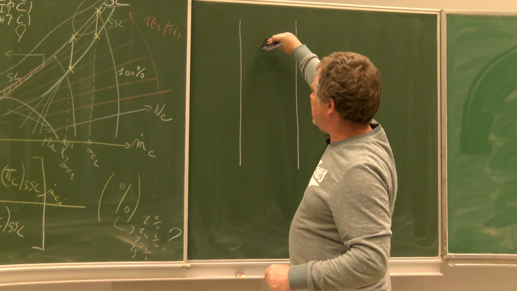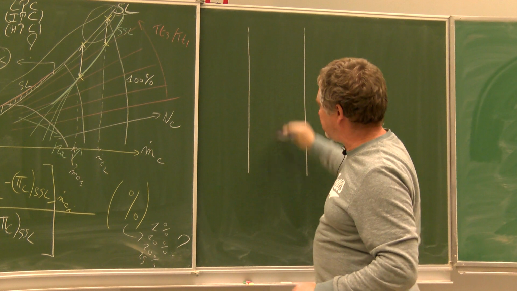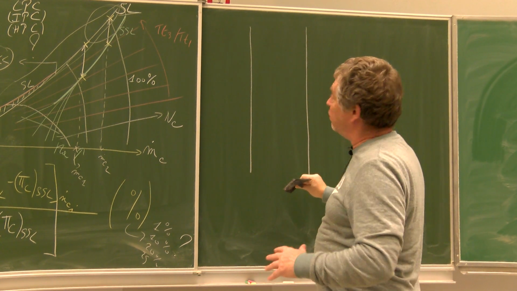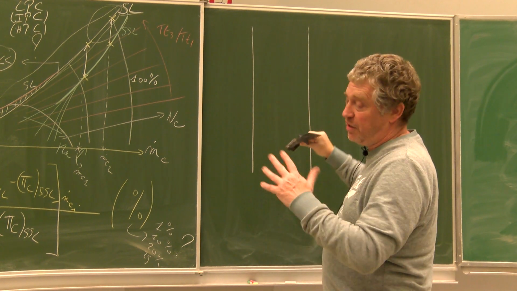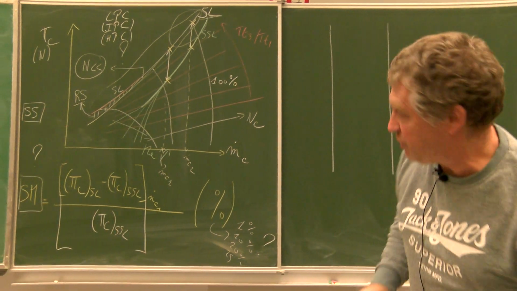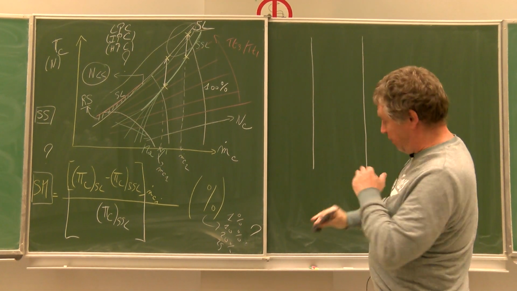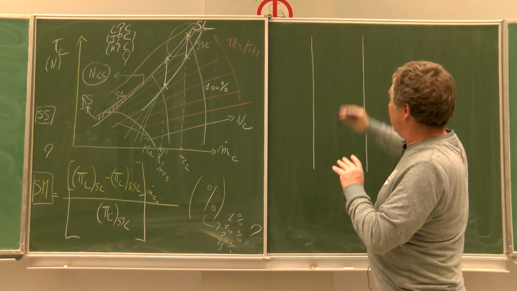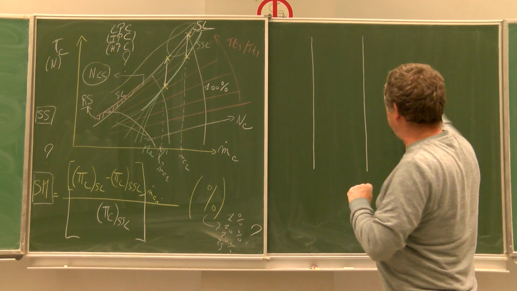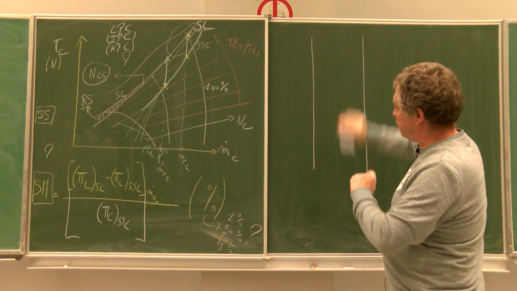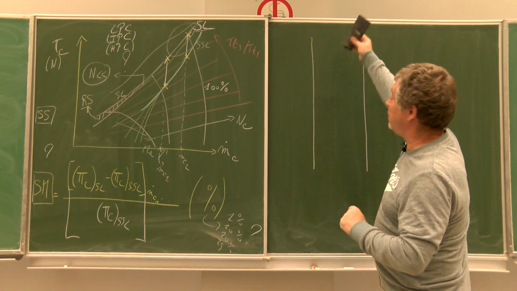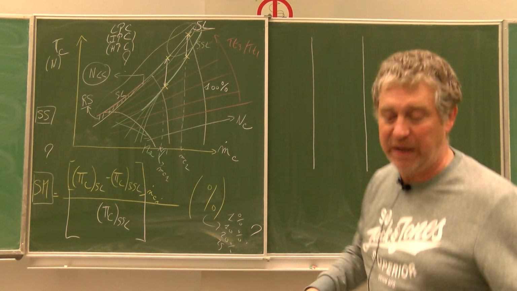My compressor is rotating in this direction. I could have taken a compressor rotating in the other direction, it doesn't matter. I'm looking at the compressor from the top, with the shaft of the compressor there, rotating like this.